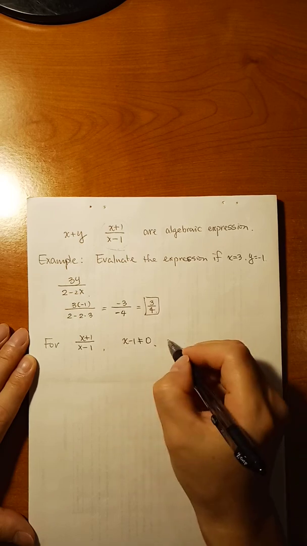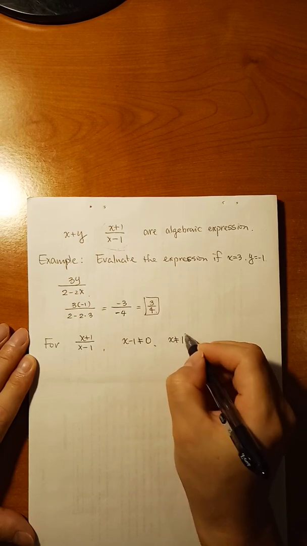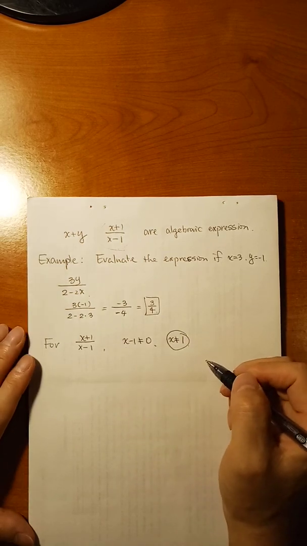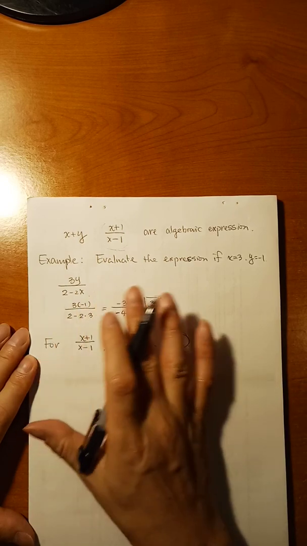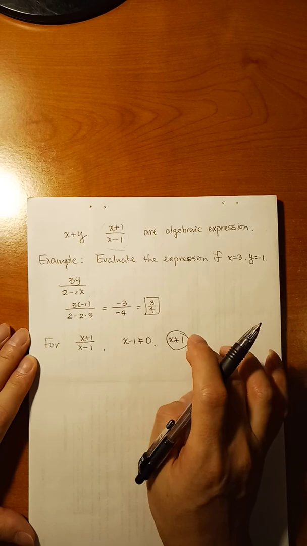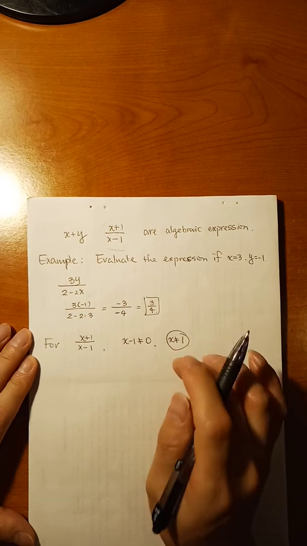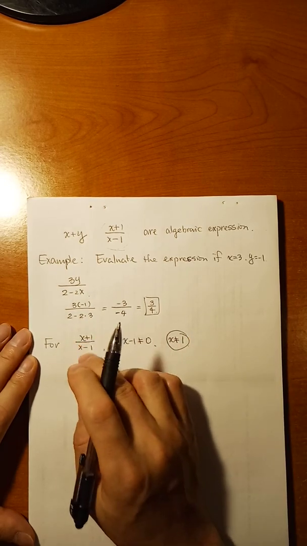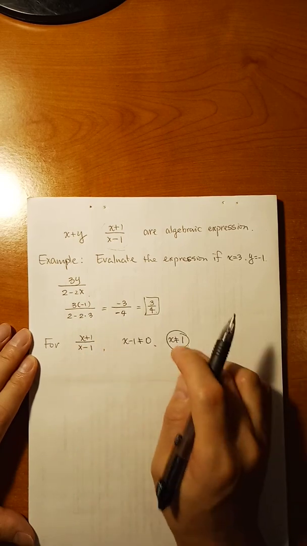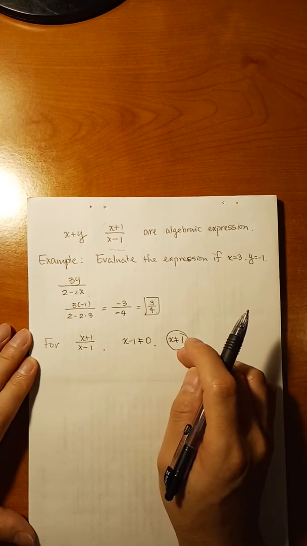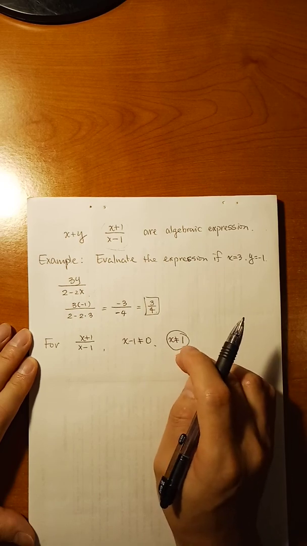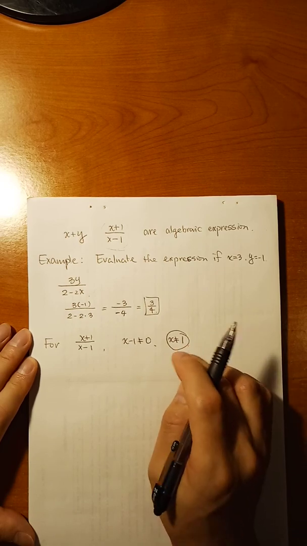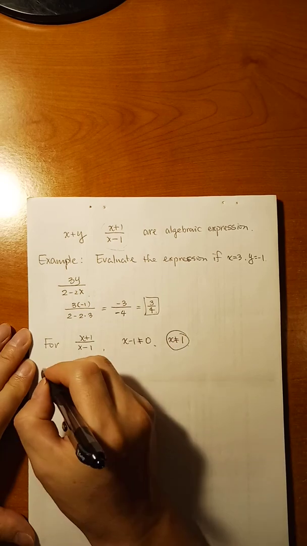In other words, x cannot be equal to 1. If x is equal to 1, the denominator becomes 0, and this fraction does not make sense. So you cannot evaluate this expression at 1. That's what we say: 1 is not in the domain.